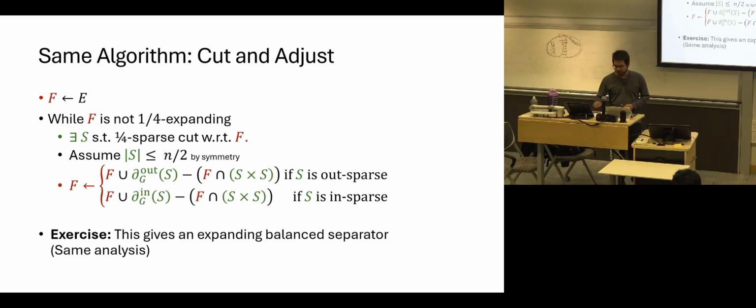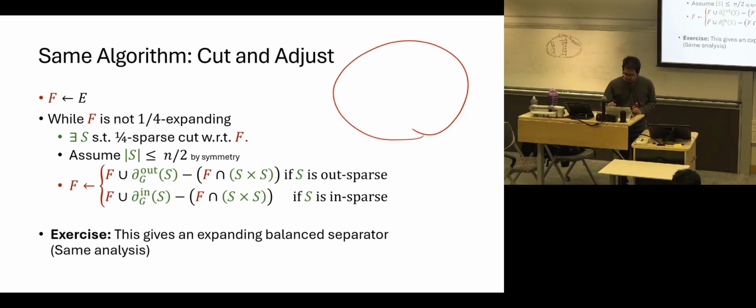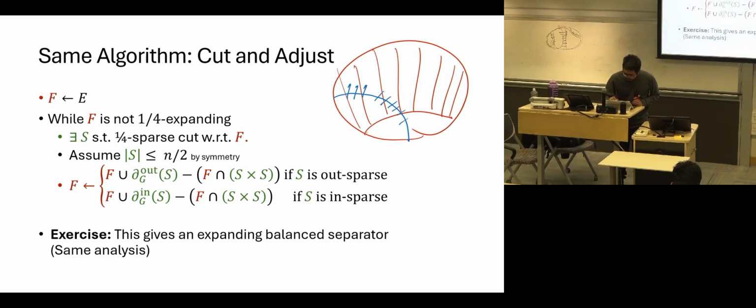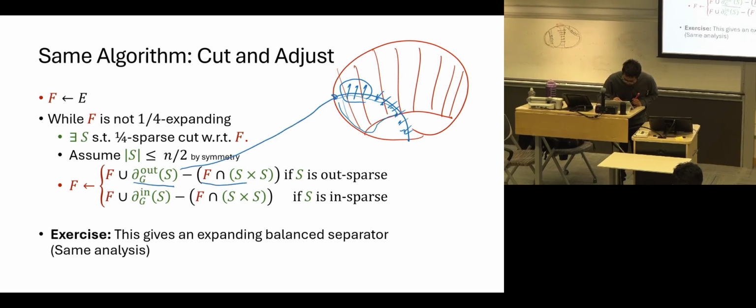So, for example, maybe F looks like this first. And then if I find some cut, and let's say it's out-sparse, okay, there are a lot of in edges here. If it's out-sparse, then what I do is I'm just going to remove everything here from F, and then I add this thing, and then I remove this thing.